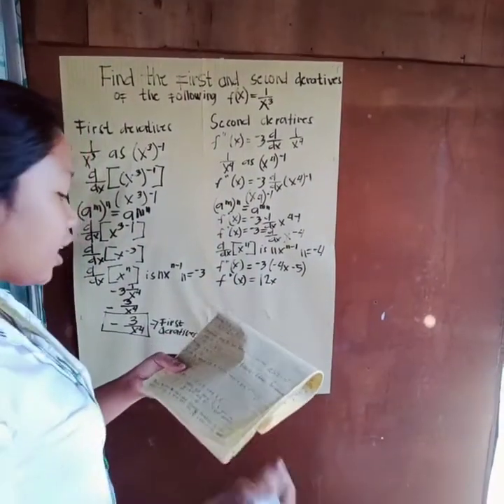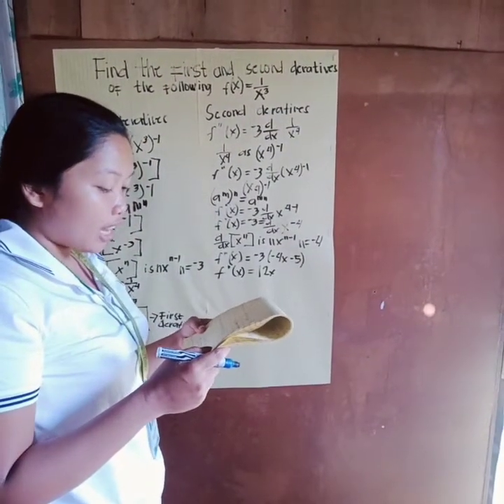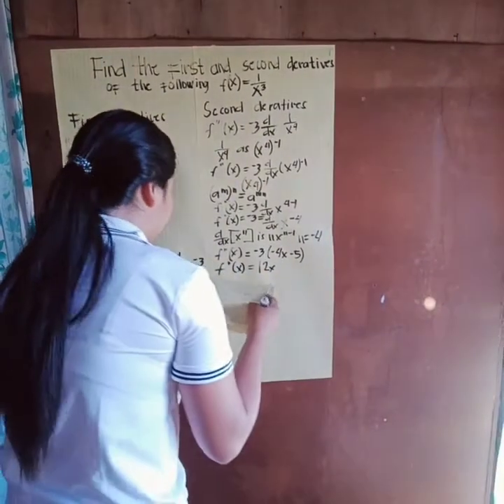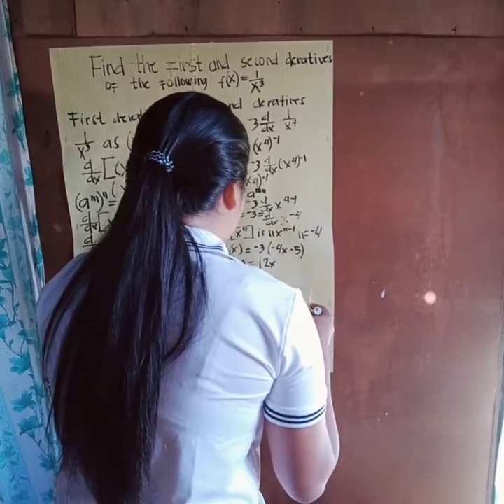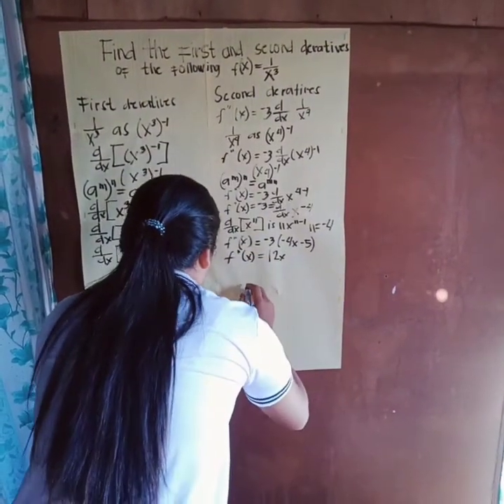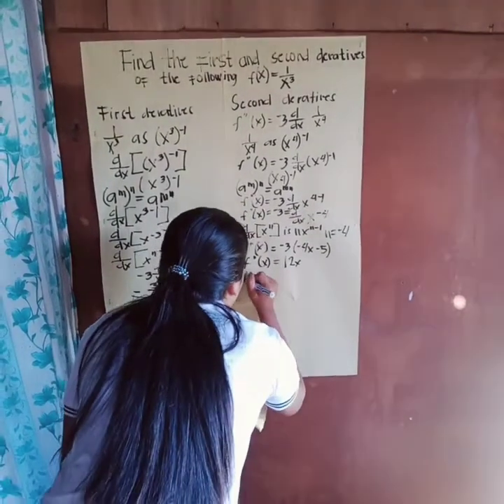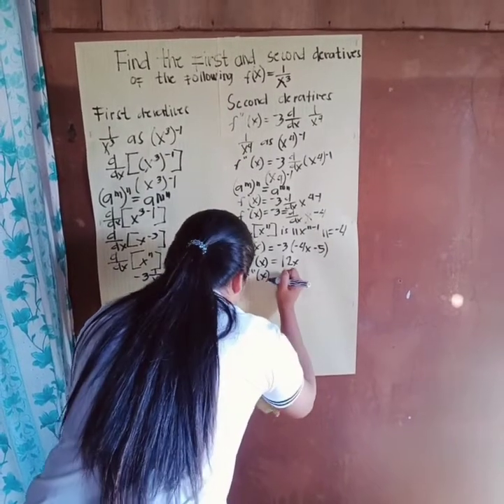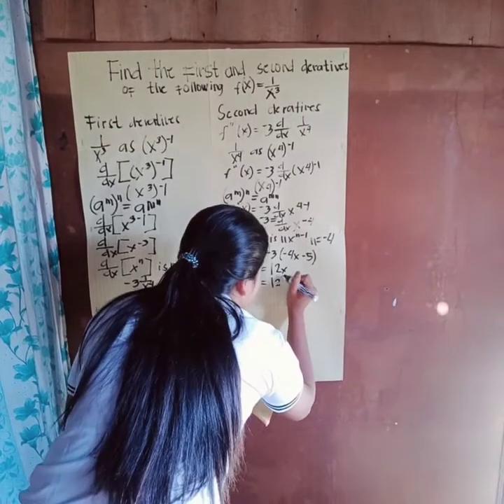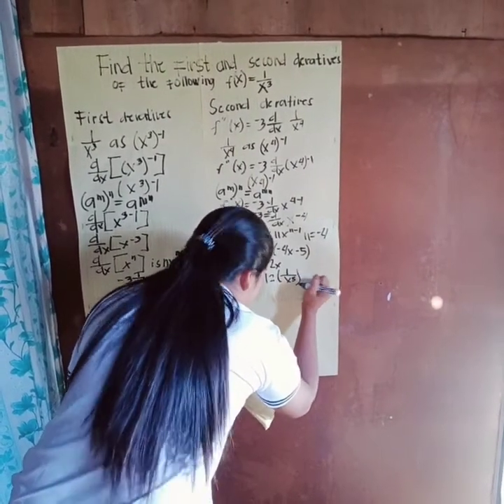So rewrite the expression using the negative exponent rule: b to the negative n is equal to 1 over b to the n. f double prime of x is equal to 12 times 1 over x to the 5.